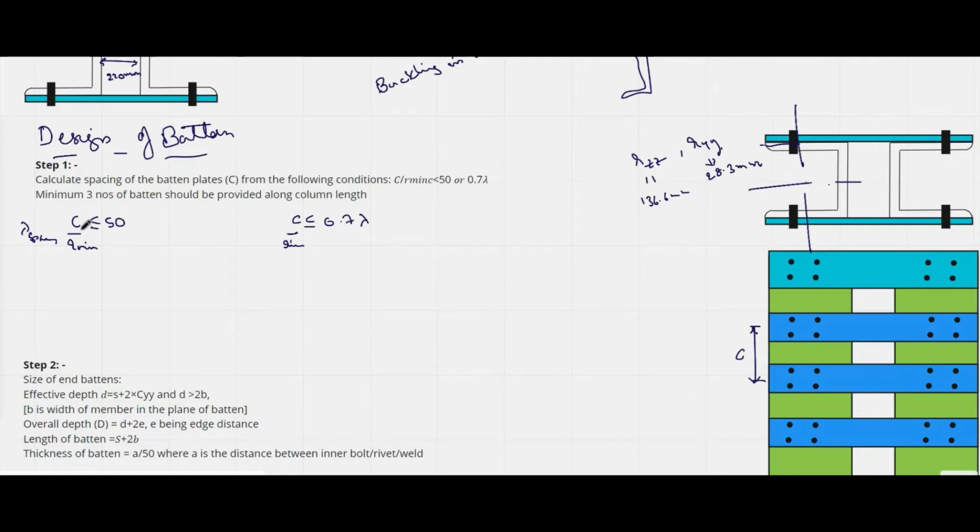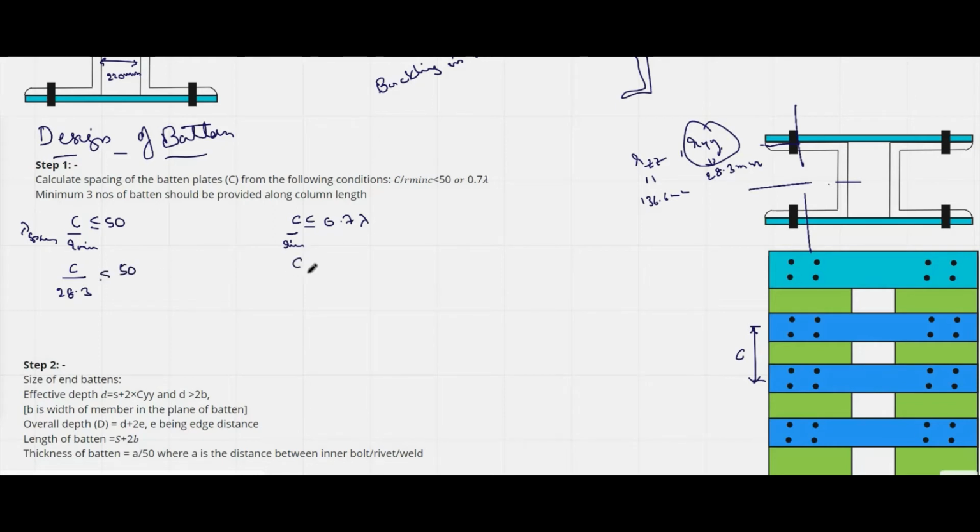To check that, we need to see the condition C by R minimum must be neither greater than 50 nor greater than 0.7 times the maximum slenderness ratio. So R minimum here will be RYY, as we are seeing only the main member. That's why C divided by 28.3 must be less than 50.